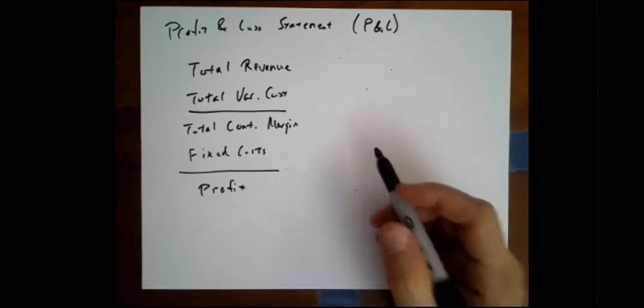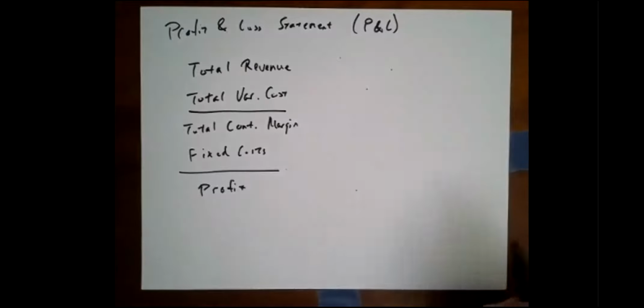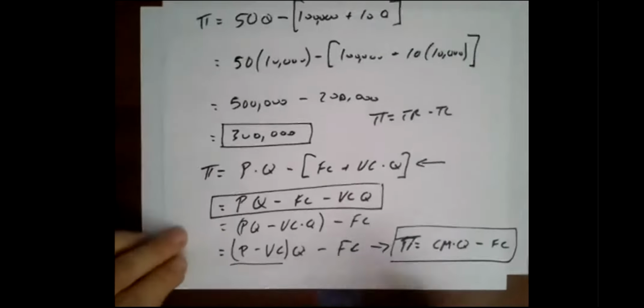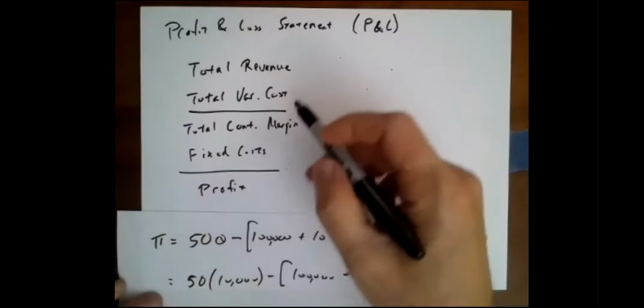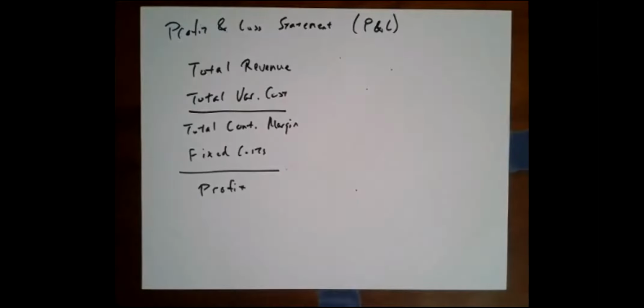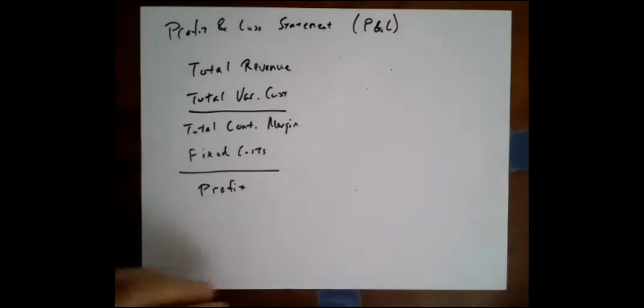This follows the structure of the formula we did a minute ago, where I'm taking revenue, price minus variable cost, which gives me my contribution margin times quantity, so that's this top part, minus my fixed cost right here, gives me my profit. So that's what we're articulating with this statement.